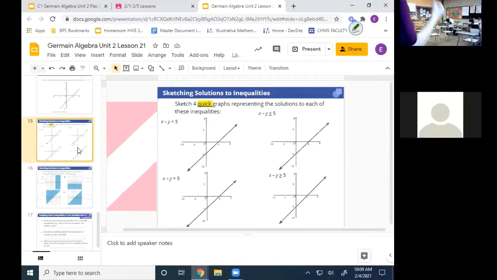I told you my go-to number to check is 1, 1, because multiplying by 1 is easy, right? So you plug 1, 1 in here. 1 minus 1 is 0, which is less than 5. That is a true statement.